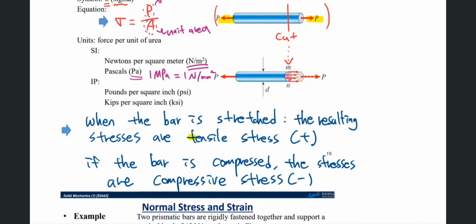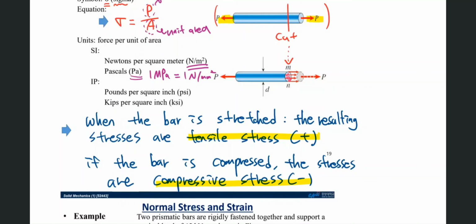So there are two different stresses, tensile stress and compressive stress, corresponding to the tensile loading condition and the compressive loading condition.